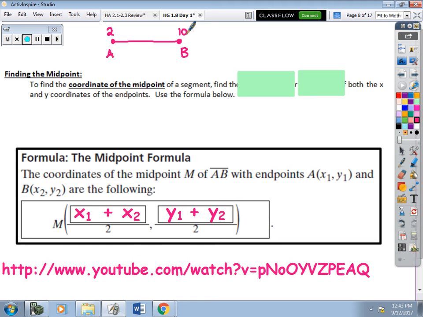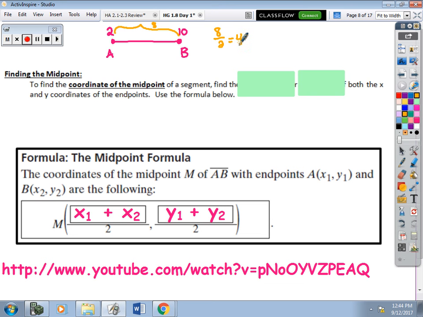How long is AB? 8. What's the midpoint? What's the coordinate of the midpoint? Aiden? No. Emma? 6. Okay. So yes, we take the distance and we divide it in half to get 4.